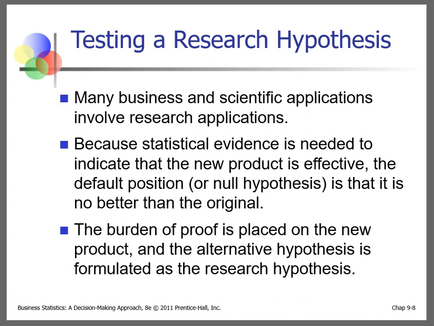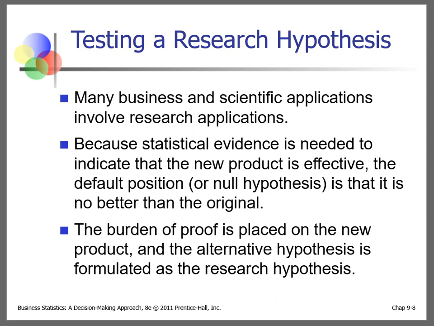Testing a research hypothesis. Many business and scientific applications involve research applications. For example, companies such as Intel, Procter & Gamble, Dell Computers, and 3M continually introduce new and hopefully improved products. However, before introducing a new product, the companies want to determine whether the new product is superior to the original.